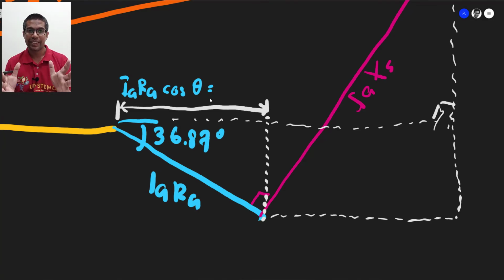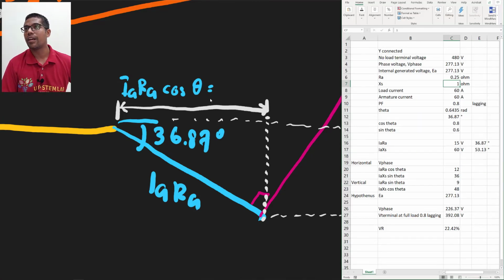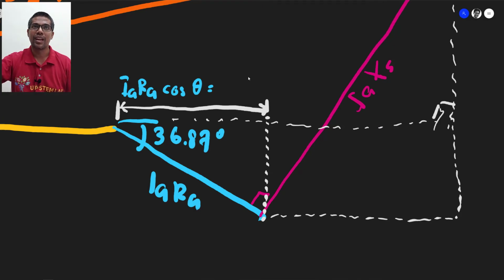IA is 60, RA is 0.25. When you multiply them together, IA RA becomes 15. And then cos theta is 0.8. So 15 times 0.8, you will get IA RA cos theta of 12. So we got 12 volt here.